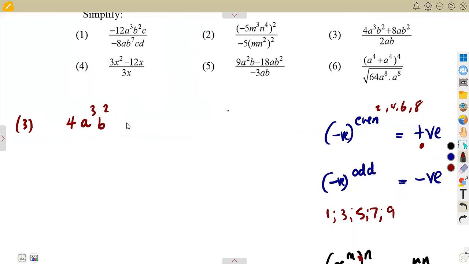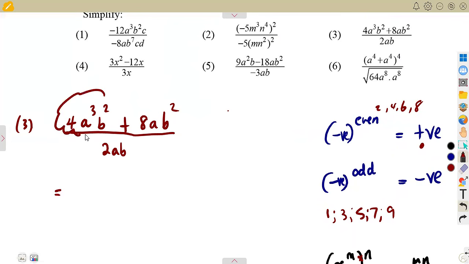There is a term added to another term, making an expression divided by 2ab. So in this case, you are going to see that we cannot add these 2 terms. They are not like terms. But what we can do in the numerator on top here is to factorize. Remember, we are dealing with a binomial, 2 terms.